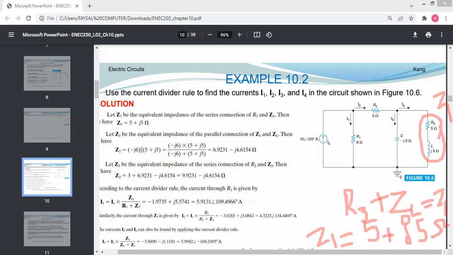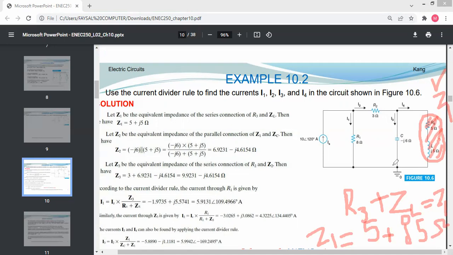So this is the value of Z1. I replace these two values, R3 and L, with Z1. Z1 is in series, so Z1 equals R3 plus ZL, which is 5 plus j5.